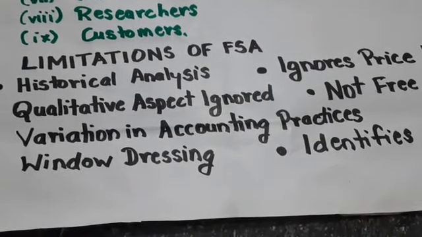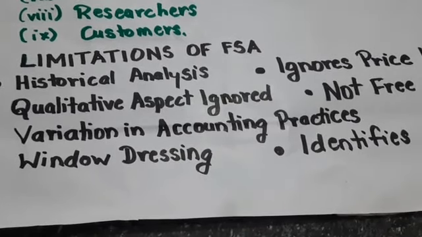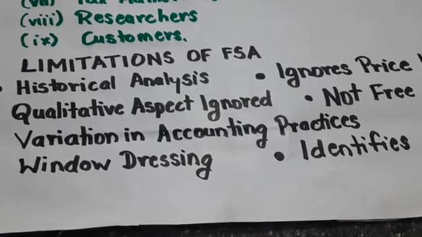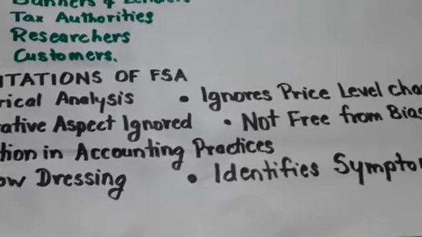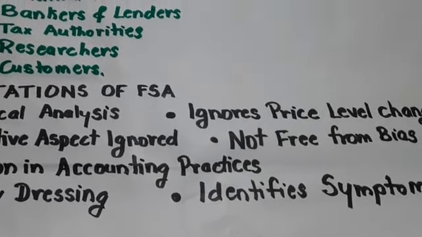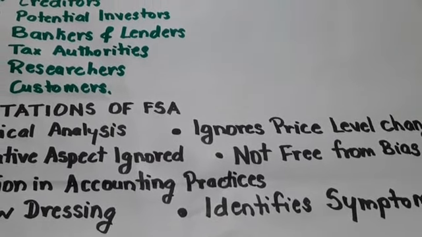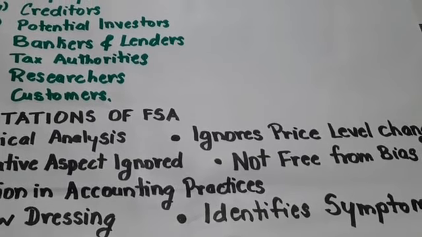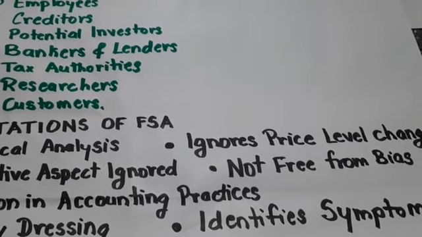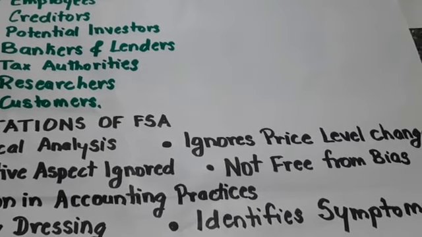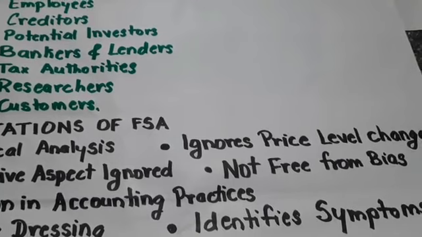Qualitative aspects which cannot be recorded in monetary form have no place in financial statement analysis. Not free from bias. Many of the records in financial statements are on the basis of concepts, conventions plus estimates. But estimates sometimes may go wrong. So we can say that financial statement analysis is not free from bias.